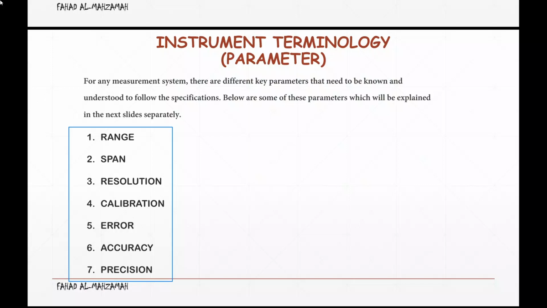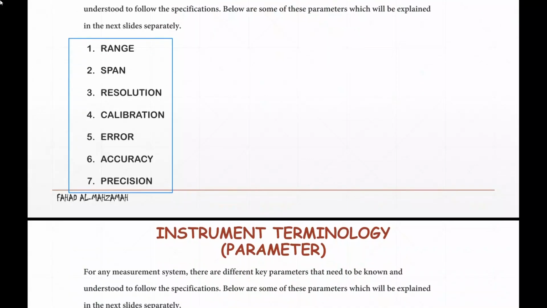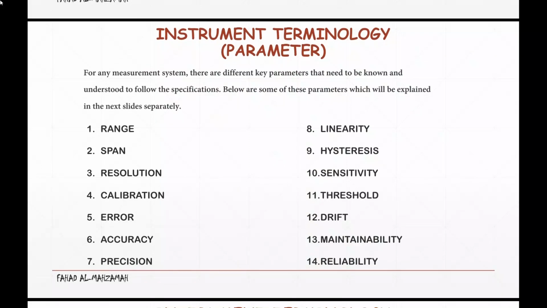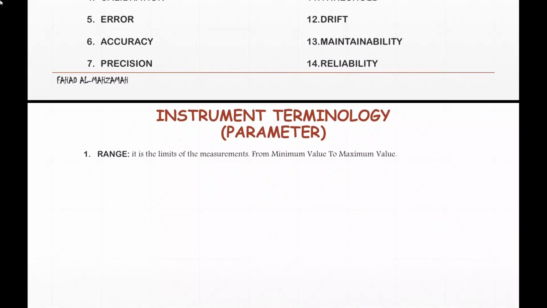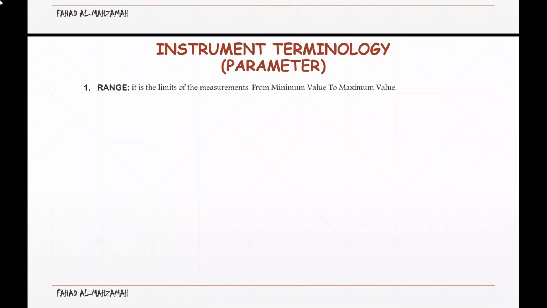After the first experiment in the lab, you are required to understand all of these seven, plus some other terminologies: linearity, hysteresis, sensitivity, threshold, drift, maintainability, and reliability. There are many other terminologies, but we list some of these important parameters. Now let's start explaining each one separately.